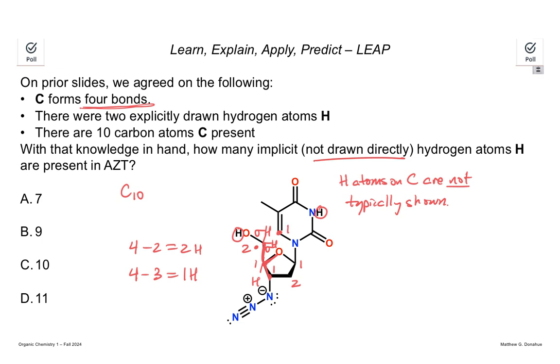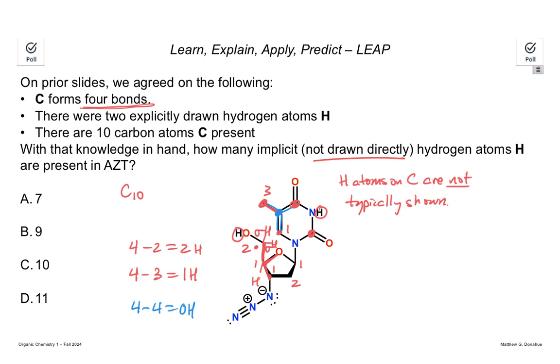This carbon atom, as I've shown in blue, is showing 4 explicit bonds. So 1, 2, double bond, then that one, so that's 4. So 4 minus 4, that equals 0 hydrogens. This carbon atom is showing 1 explicit bond, so that's 3. And the remaining carbon atoms here and here are all showing 4 explicit bonds, so no hydrogens.